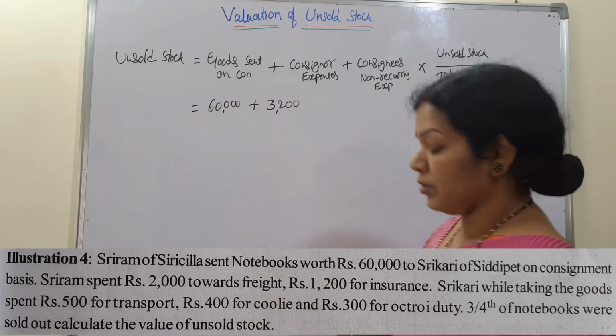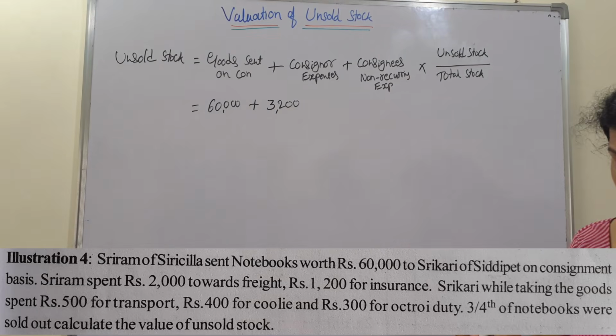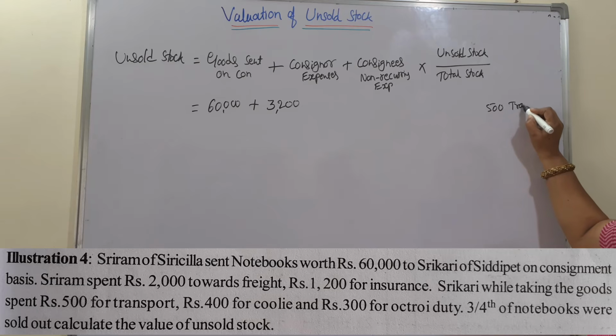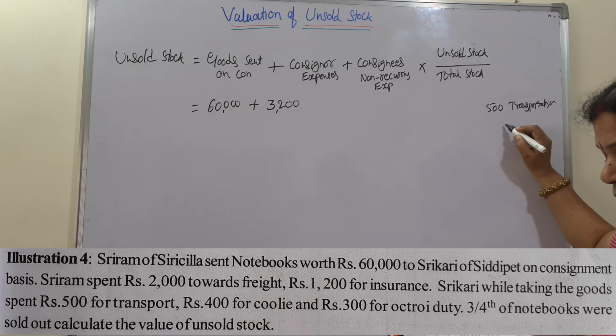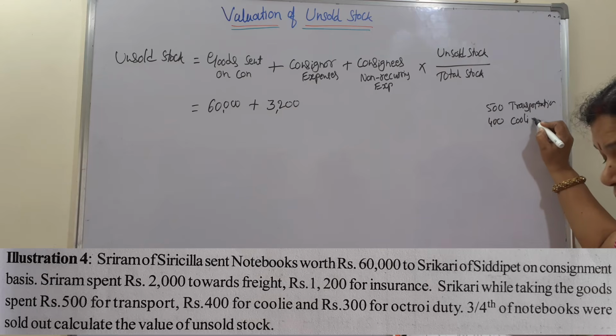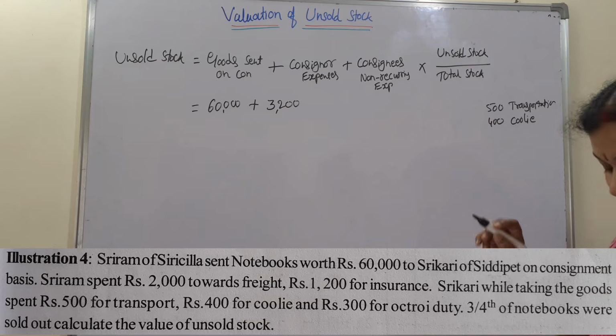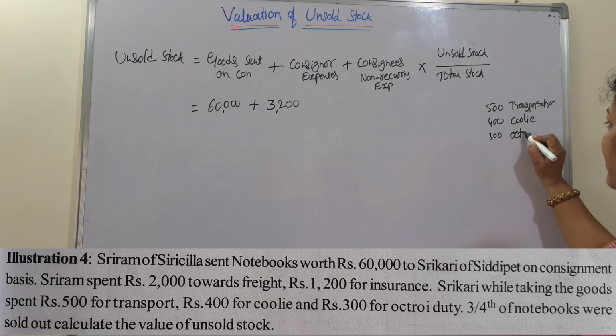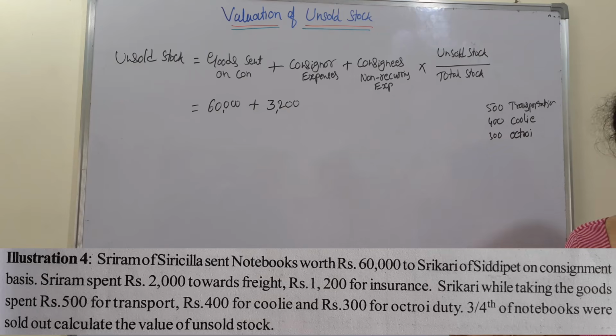Consignor's expenses 3,200 and consignee expenses: 500 transportation and 400 for coolie. Be careful about consignee expenses only, and 300 octroi. Octroi means it's a kind of tax. So these three, is it recurring or non-recurring?